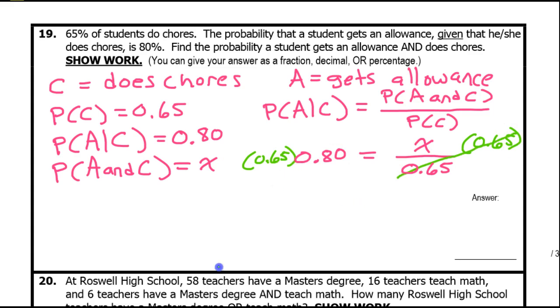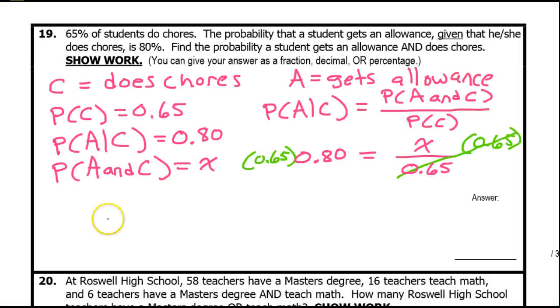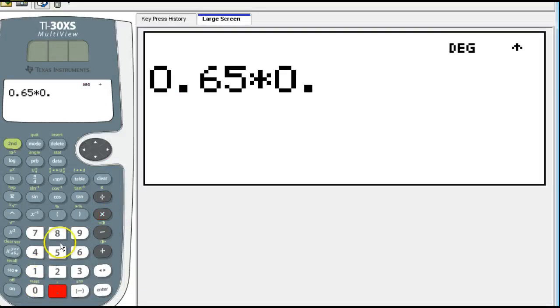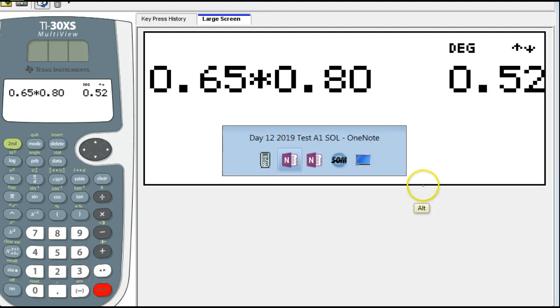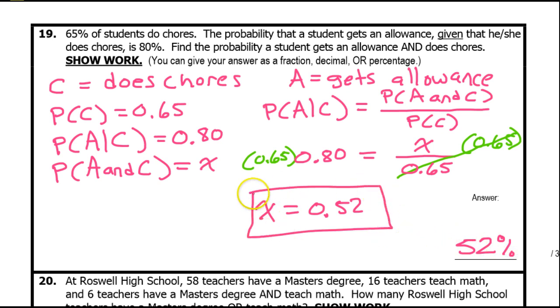So this is going to give me the answer. I'll do 0.65 times 0.80. That's 0.52. So that tells me that X is 0.52. I could either put 0.52 or I could go back to percentages and say 52%. All right, but I would accept either.